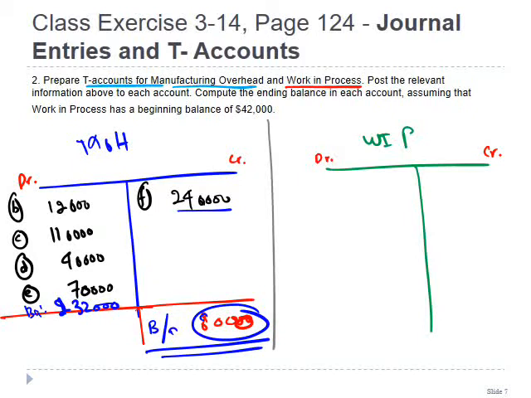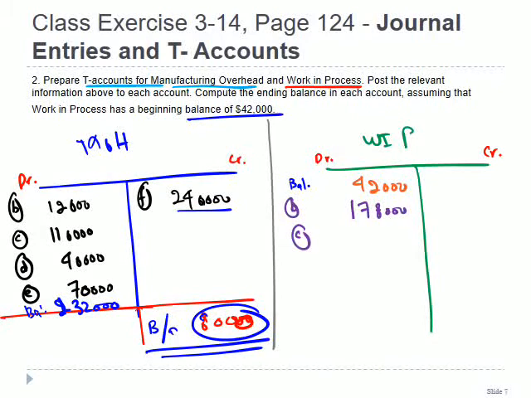For work in process, we know that the work in process beginning balance is here, 42,000, right? So now let's post into the relevant account. From entry B, work in process is debited by 178,000.